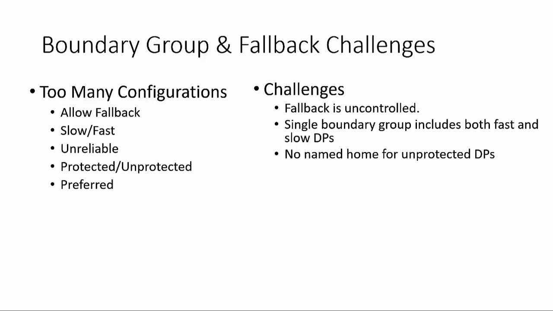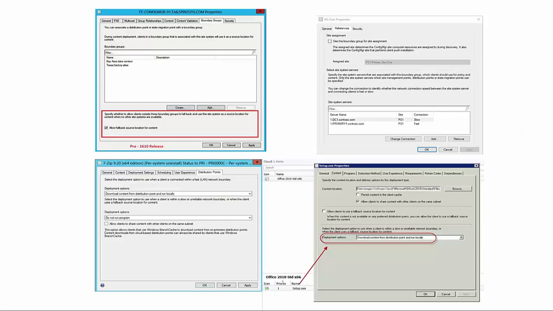So talking about the old boundary group, or existing in case you haven't upgraded to 1610 yet, it was complex as there were way too many configuration settings controlling the whole fallback behavior. Here are some screenshots. As you can see, we start with the distribution point properties to allow fallback behavior for the clients to download the content.